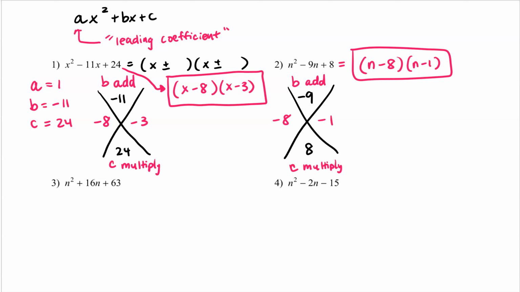Example 3 says n squared plus 16n plus 63. So if I go ahead and identify, I know that a equals 1, b equals 16, and c equals 63. So if I go back and I make my x, I am looking for two numbers that add to 16 and multiply to 63.